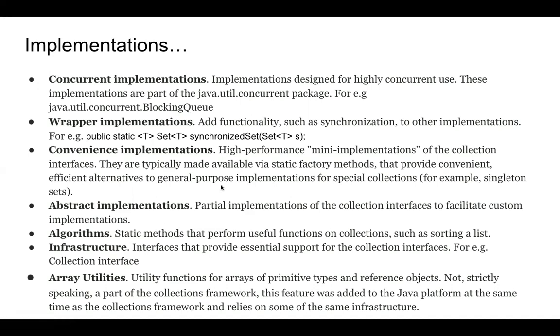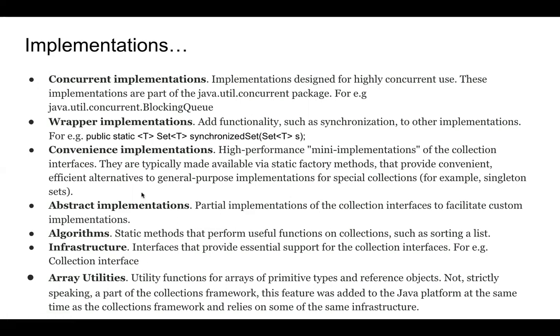Many algorithms are provided. Like if you use arrays, there are sort, binary search. Many algorithms are already implemented and given to you. Infrastructure items are nothing but the interfaces that we saw, like, for example, the Collection interface and the Set interface.